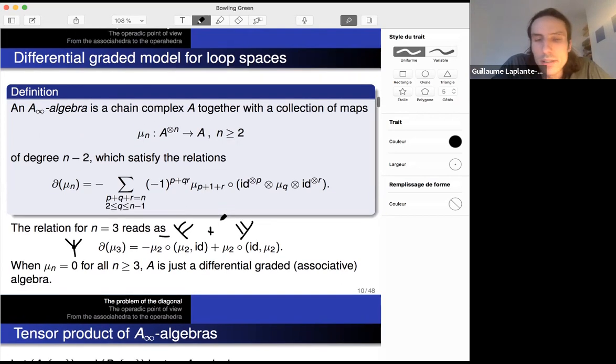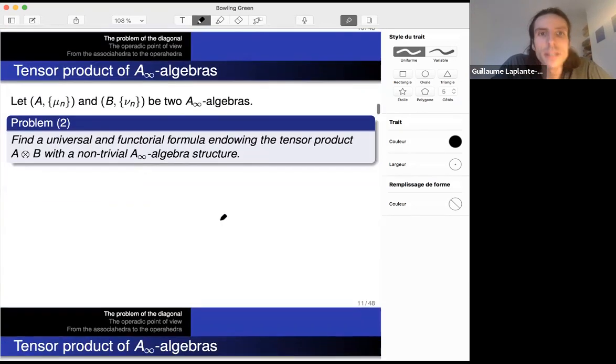So the problem that I'm interested in, let's say a starting example, is this question here. If you're given two A-infinity algebras, A and B, with operations mu n and nu n, can you endow the tensor product A tensor B with a non-trivial A-infinity algebra structure?